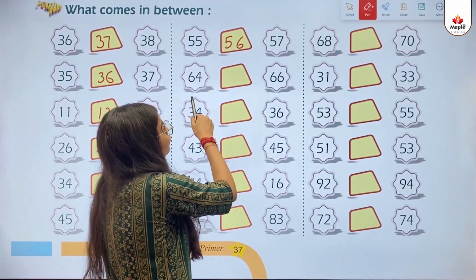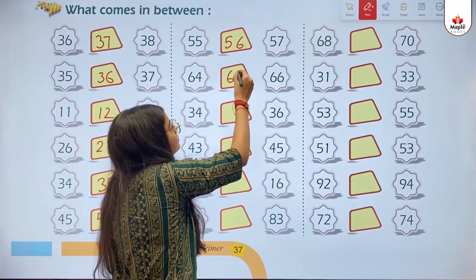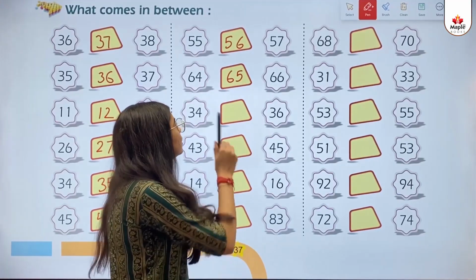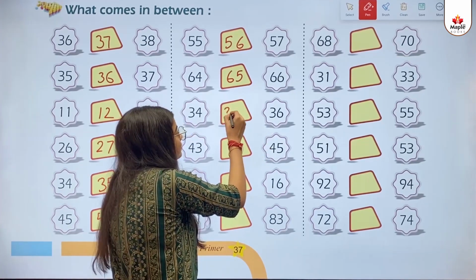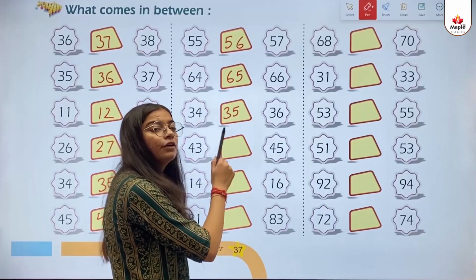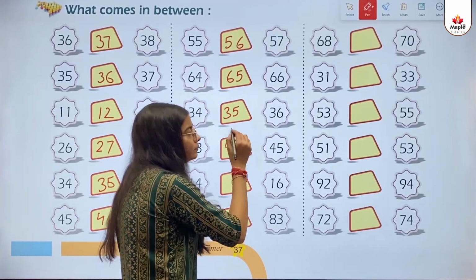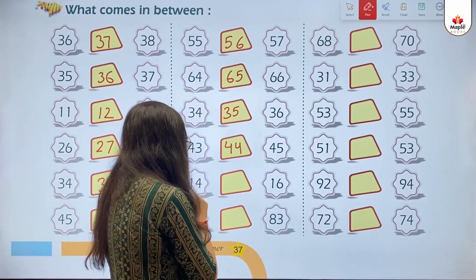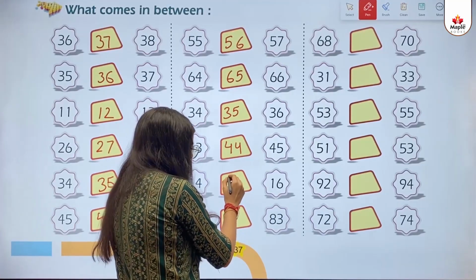Then 64, 65, 66. 34, 35, 36. Then 43, 44, 45. Then 14, 15, 16.